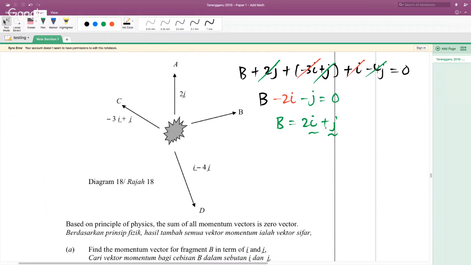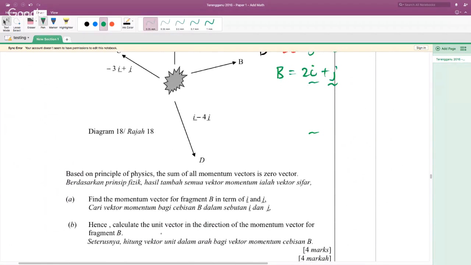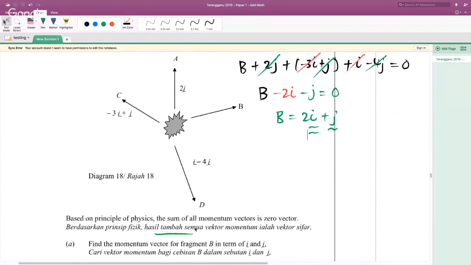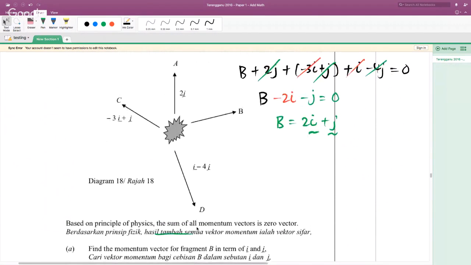Okay, then after I find the fragment B, hence calculate the unit vector in the direction of B. So of course you should know how to find the unit vector. So the unit vector of B just equals the vector of B over the magnitude of B. Vector of B we have already, 2i plus j.